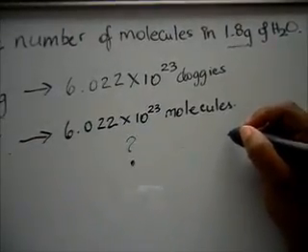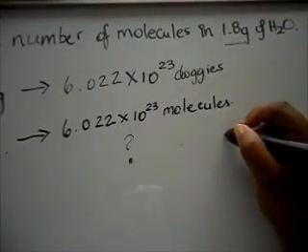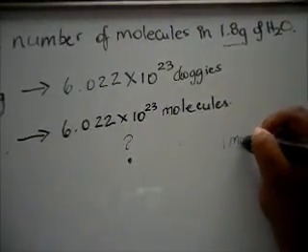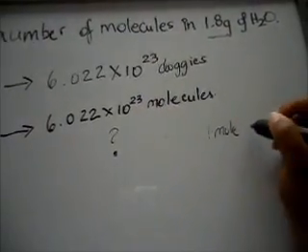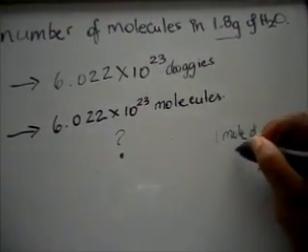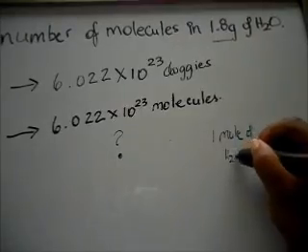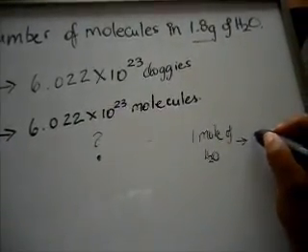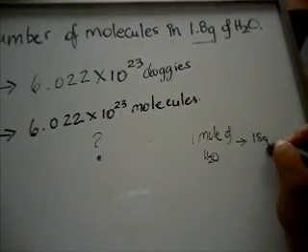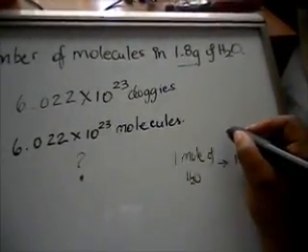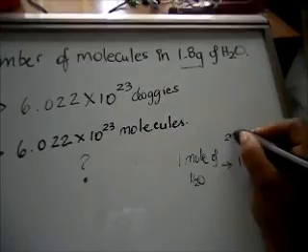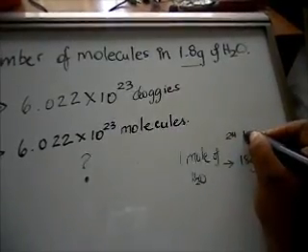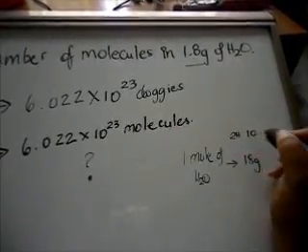So, we know that 1 mole of water contains 18 grams. Where do you get 18 grams from? So we have 2 atoms of hydrogen and 1 atom of oxygen.